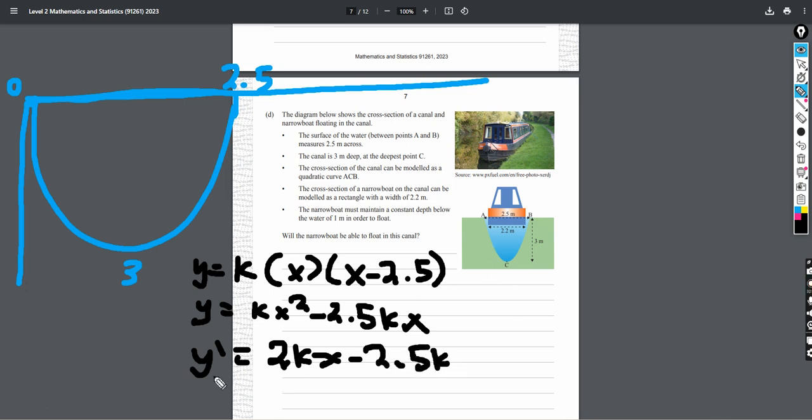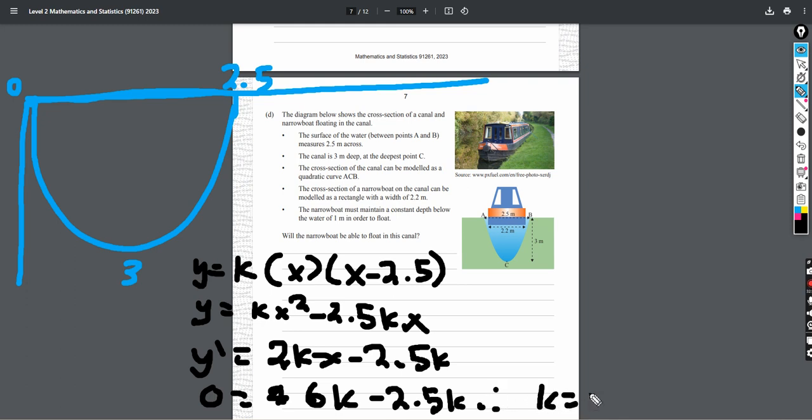Now this equals 0 when x equals 3, and 0 equals 6k minus 2.5k, therefore k equals 3.5. For kx squared, we need 2kx minus 2.5k, 0 when x equals 3.